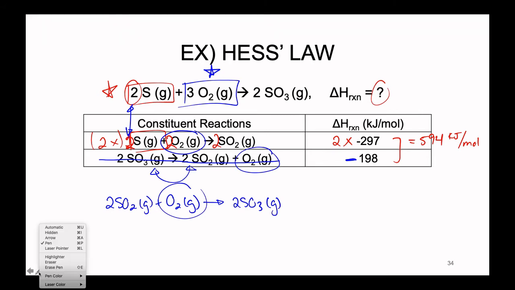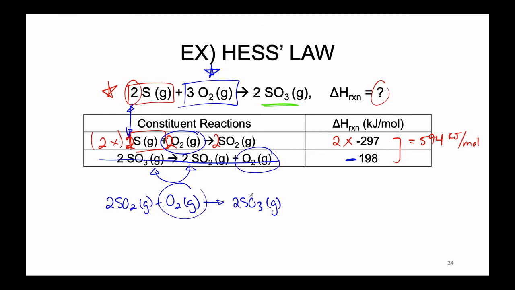All right, and last but not least, I'm gonna change to, where is it? There, green. Bright lime green. Sulfur trioxide should be our product, which means all of the sulfur trioxides in the constituent reactions should be on the right-hand side, or add, cancel appropriately. In the first constituent reaction, there is no sulfur trioxide.